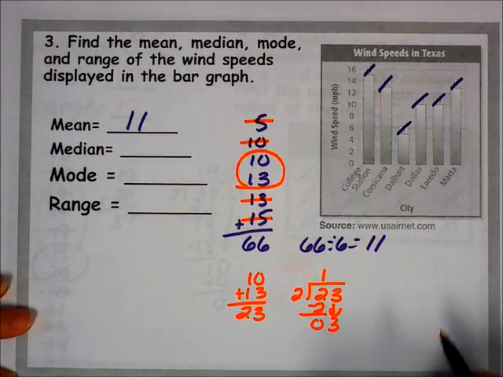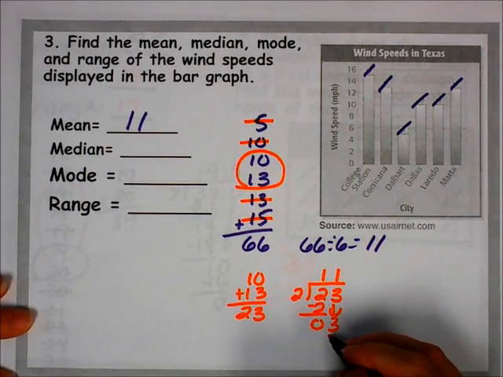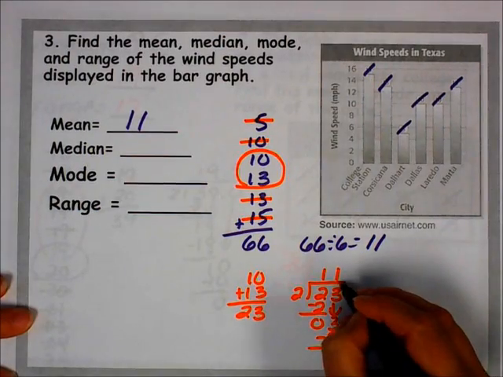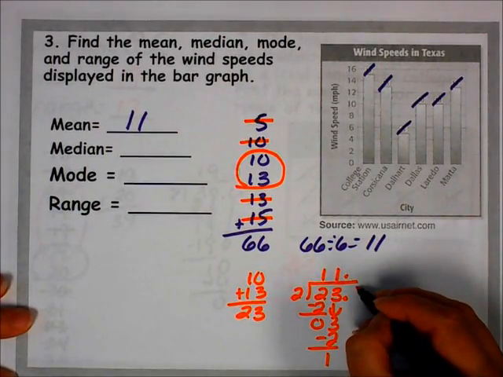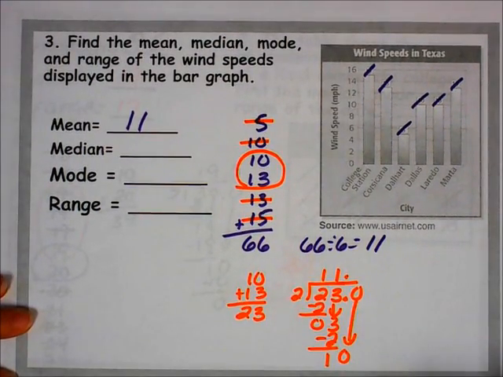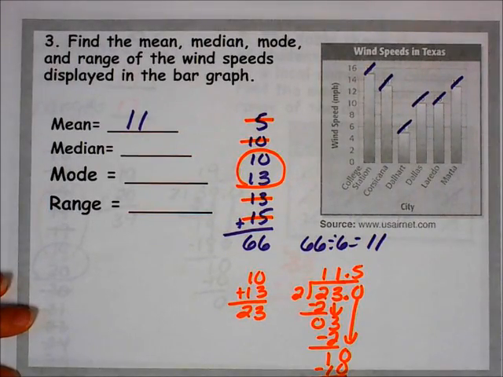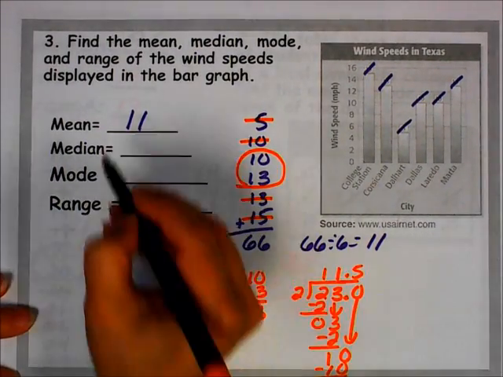Bring down the 3. 2 goes into 3 one time, with 1 left over. I have a remainder, so I'm going to add a decimal and a 0. Bring down my 0. 2 goes into 10 5 times, with none left over. So my median is 11.5.